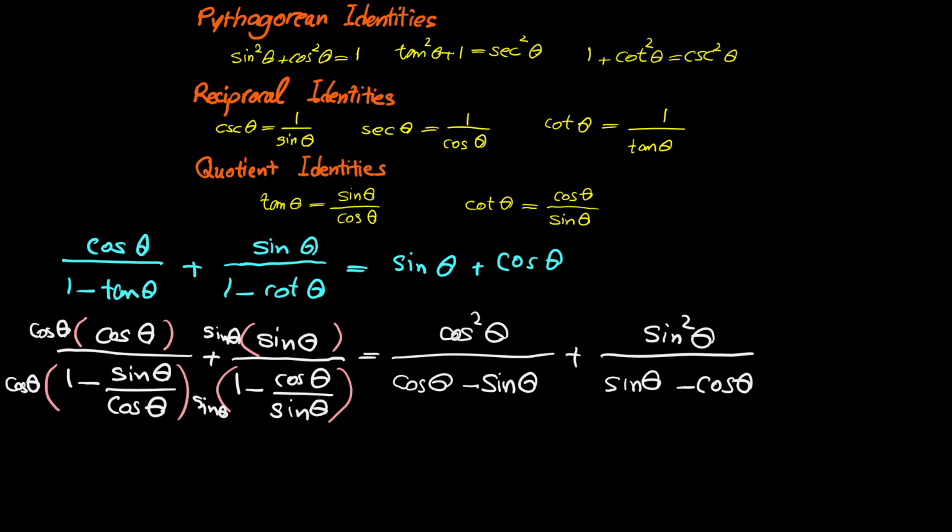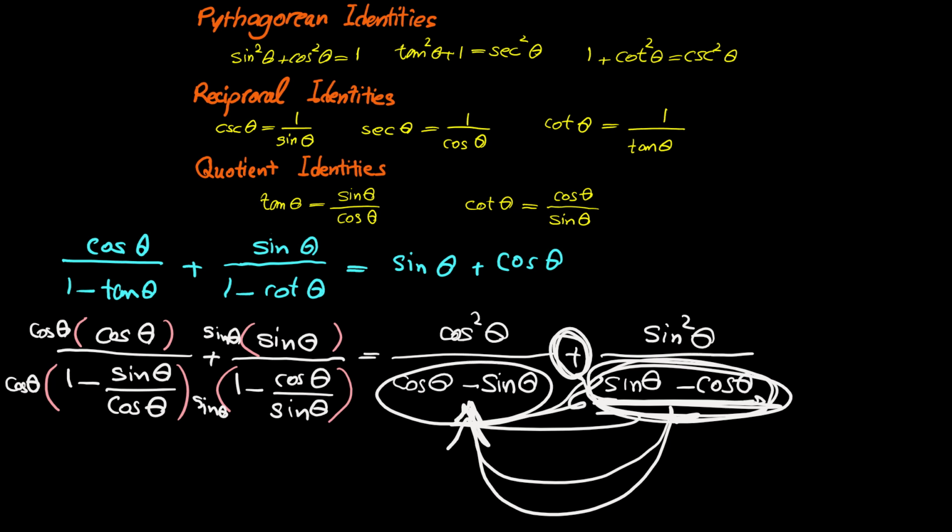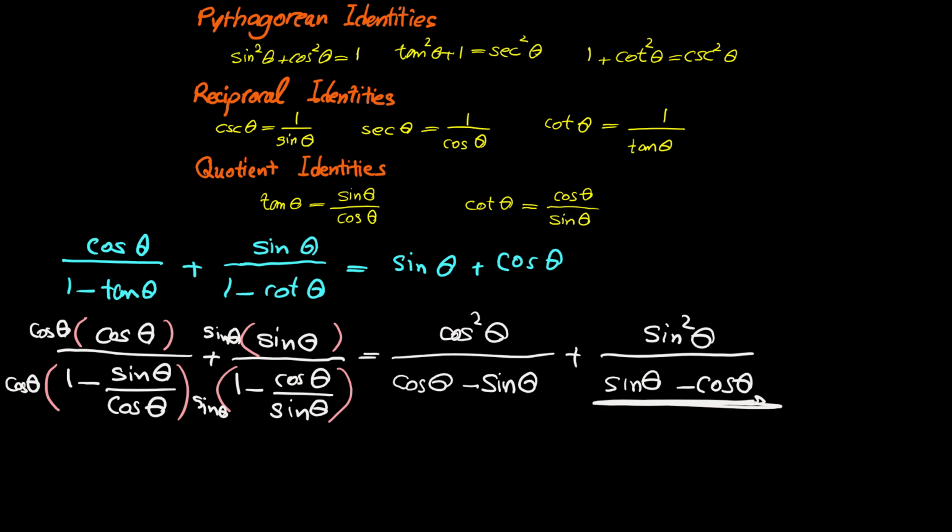So, if we want, we can erase this denominator and replace it with this. But because we are replacing this with this denominator, we have to put a negative here, because this is the negative of that. So, let me erase this denominator and replace it with cosine minus sine.